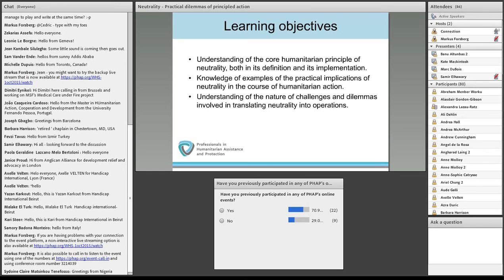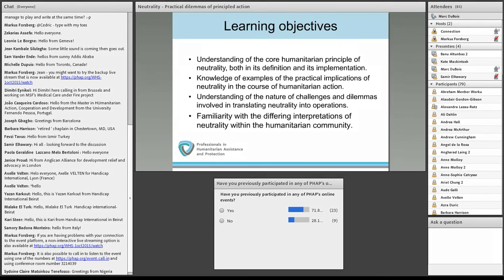Third, understanding the challenges involved in translating neutrality into assistance and protection work, such as public advocacy, and I know that's going to be a topic that comes up today. And finally, familiarity with the differing interpretations of neutrality within the humanitarian community.